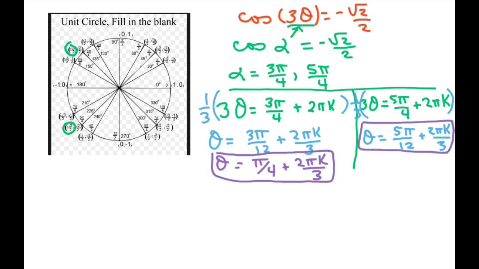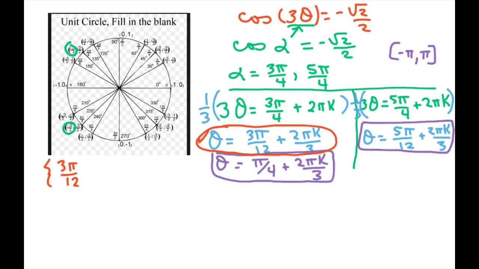Now we have to solve all the way from negative pi to pi. So I'm going to keep adding 2 pi over 3 to my solutions to get there. I'm going to go back and use this one to do that. So basically, if k is 0, we're not adding anything. Our solutions are 3 pi over 12.